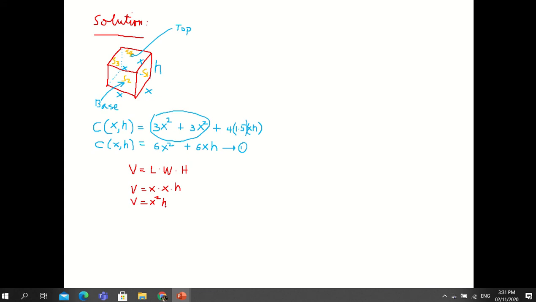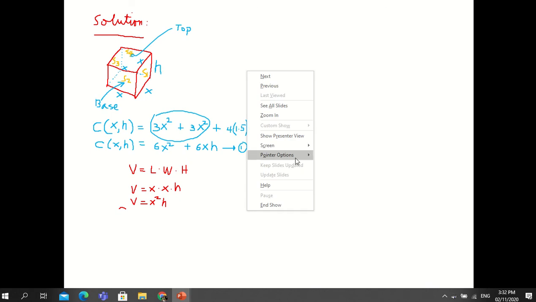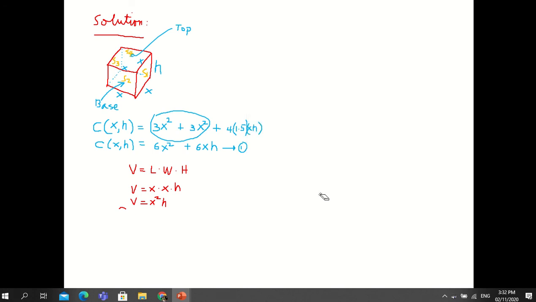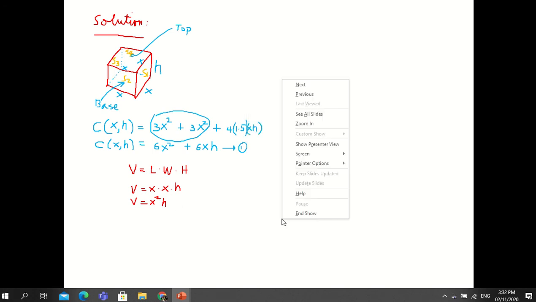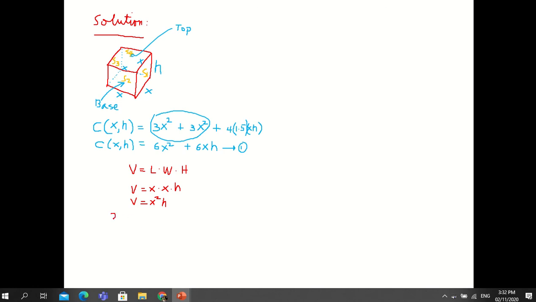But it is given in the problem, class, that the closed box is to have 2000 cubic inches. So therefore, the volume is 2000, and we can make use of that given. Now substituting that value into our equation: 2000 equals x squared times h.